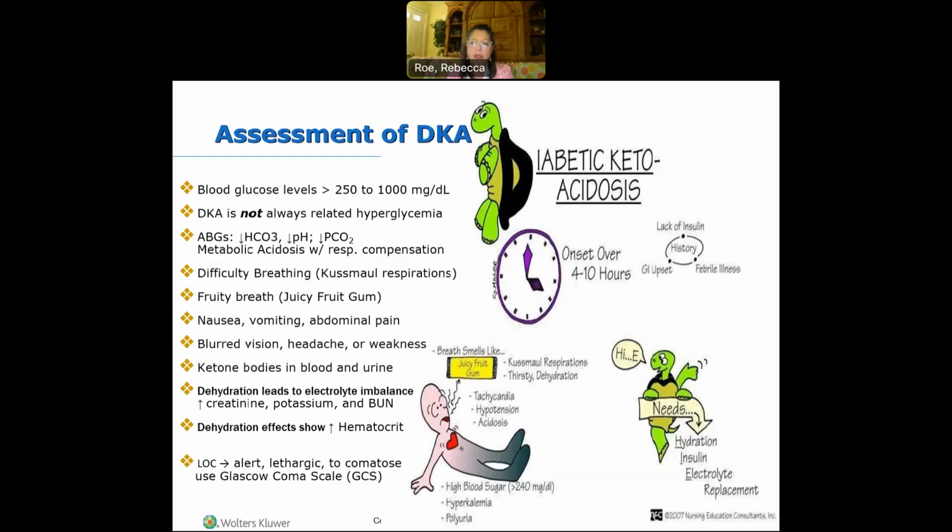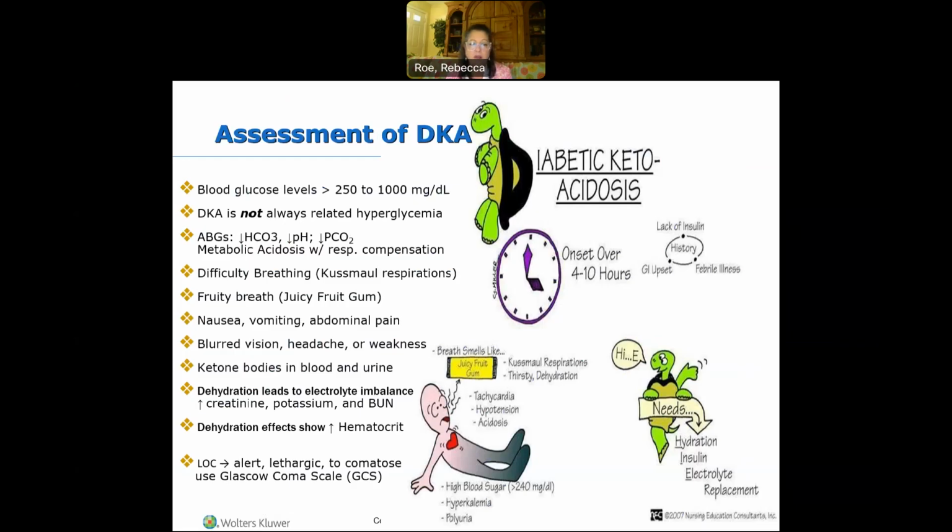Some diabetics with DKA get mistaken for alcohol intoxication because they also have some lethargic situations or LOC changes. So sometimes these patients can get mistaken for being intoxicated, public drunk.